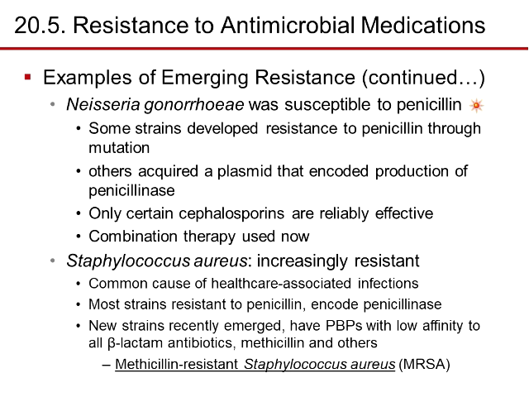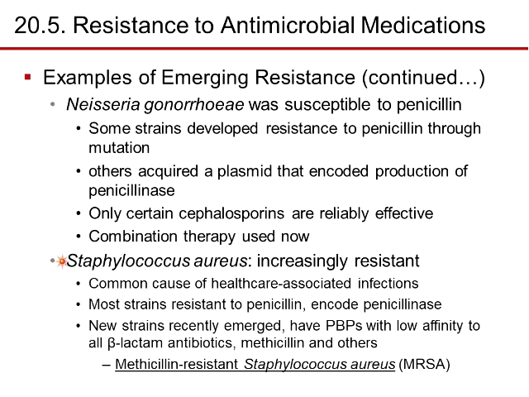Some strains developed resistance just through natural mutations, but others acquired a plasmid that encoded the production of penicillinase. So we often have to use cephalosporins as a reliable treatment, and a combination of two things is used now.